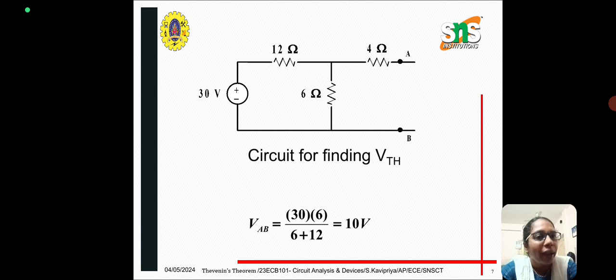We can follow either the voltage division method or Kirchhoff's voltage law; both methods give the same answer. So the voltage available across VAB is equal to 10 volts.